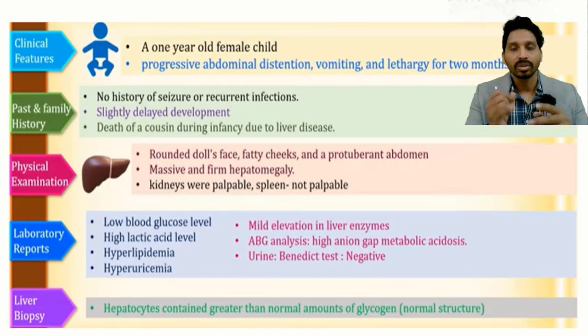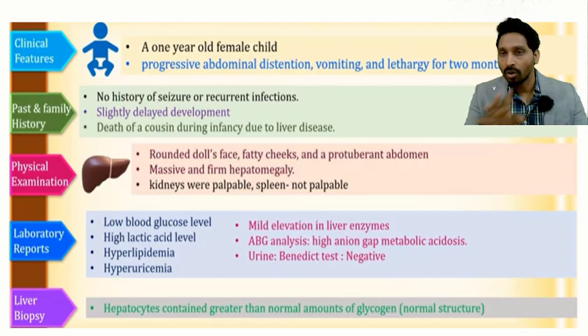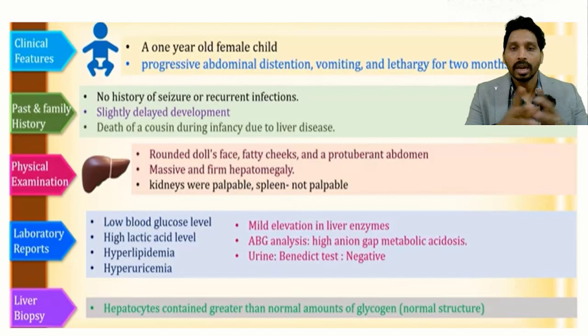Based on these features, hypoglycemia is a prominent feature, lactic acidemia is noted, hyperlipidemia is also there, and hyperuricemia. These are all the characteristic features of this, and on physical examination, a protruded abdomen. So I can clearly say this case is strictly related to type 1 glycogen storage disorder, that is von Gierke's disease.